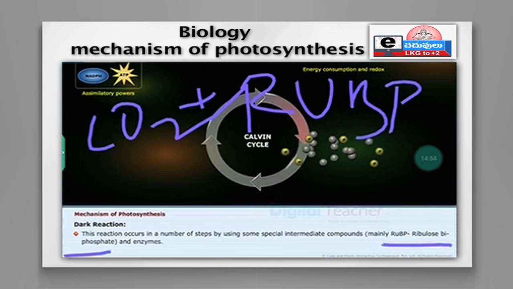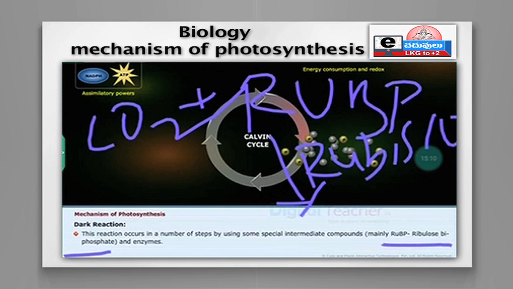This reaction occurs in a number of steps using some special intermediate compounds. So carbon dioxide combines with the intermediate compound RuBP, ribulose bisphosphate, in the presence of an enzyme called Rubisco. In the presence of the Rubisco enzyme, phosphoglyceric acid is formed.